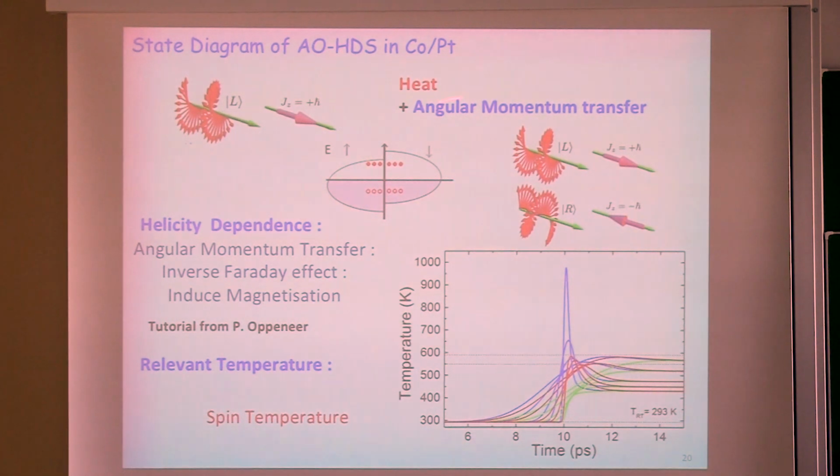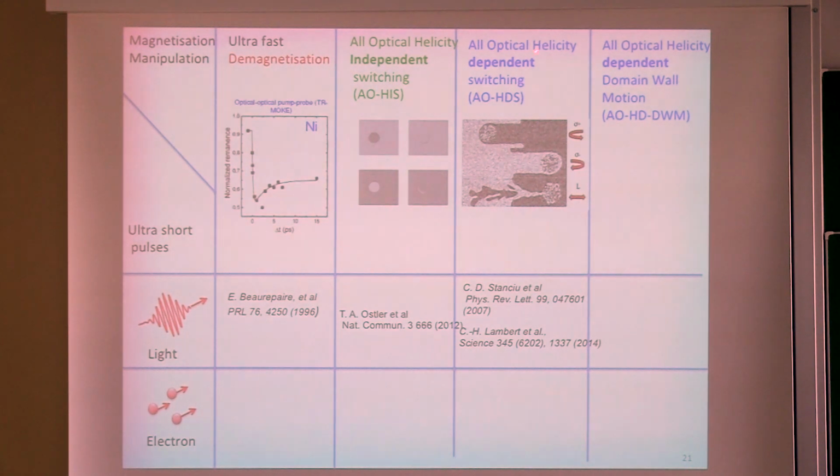When you reach this temperature, then some description using angular momentum transfer, induced magnetization, inverse Faraday effect is enough to break the symmetry and result in the switching. Okay, so that's the case of this all-optical helicity-dependent switching.